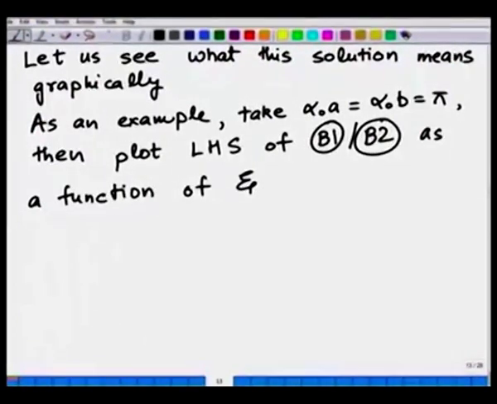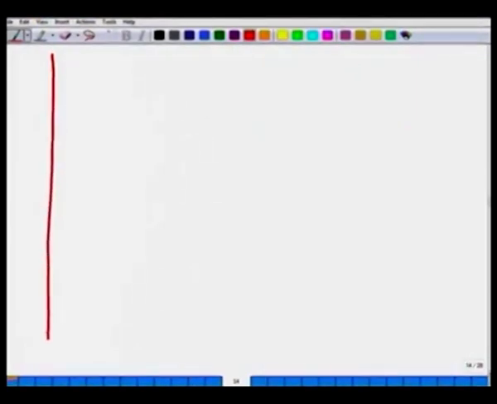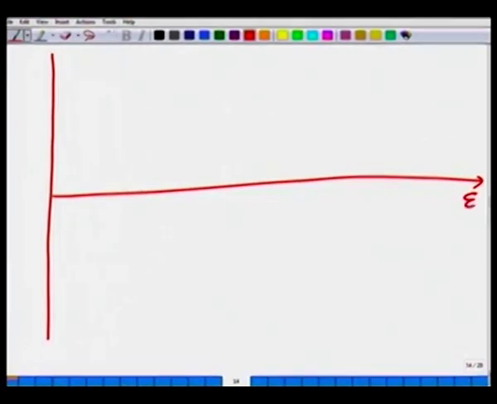So, what I am going to do is use the pen here. Here is my big axis and here is the axis running here. This is zeta, and let us say this is 1, this is 2, this is 3, 4 and here is 5. When zeta varies from 0 to this point 1, we use the B1 equation, and for all points beyond 1, we use the B2 equation.